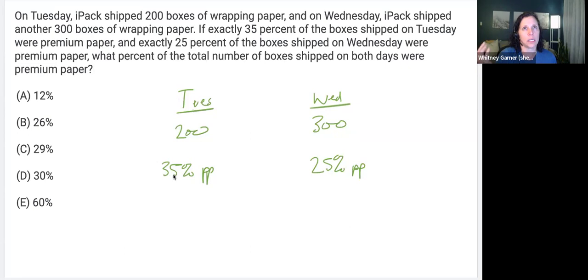So it has to be the case that if I'm blending together Tuesday and Wednesday shipments, then those shipments have to look something like the smushed average of these. So it's not going to be 35, it's not going to be 25, it's going to be somewhere in between. So I can eliminate any answers that aren't between 25 and 35.